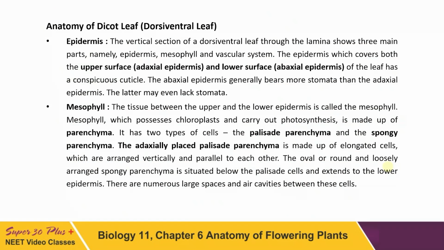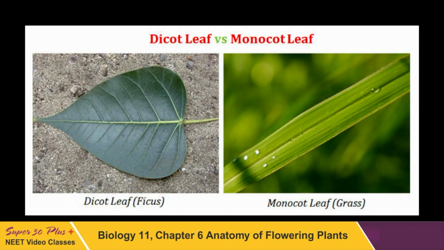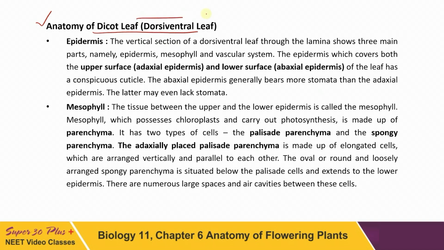Now the third part, the anatomy of leaves: the dicot leaf, and then we will go to the monocot leaf. You know the dicot leaf morphology I told you. The leaf is known as a dorsiventral leaf. What do we mean by dorsiventral? In the dicot leaf, the midvein is there, and reticulate venation is there.